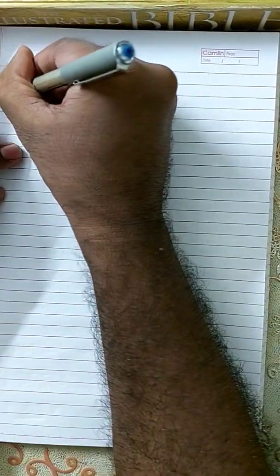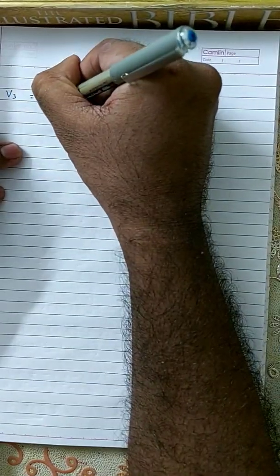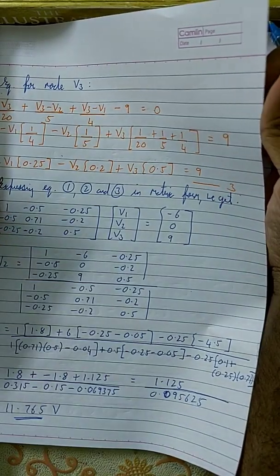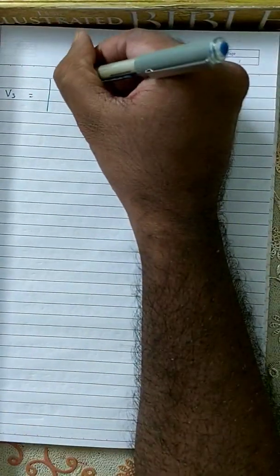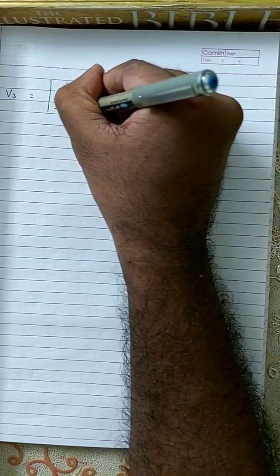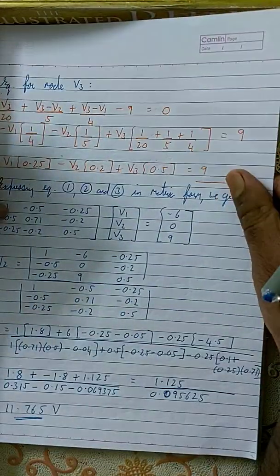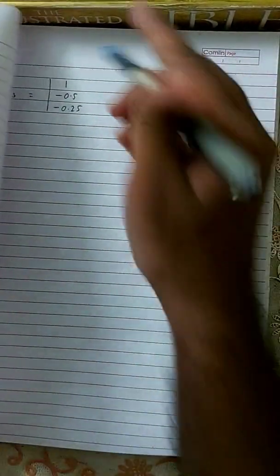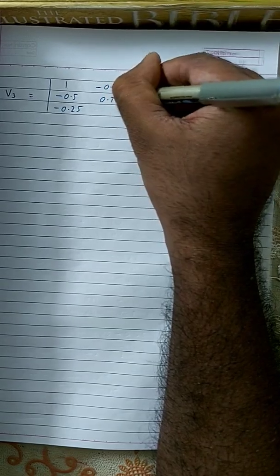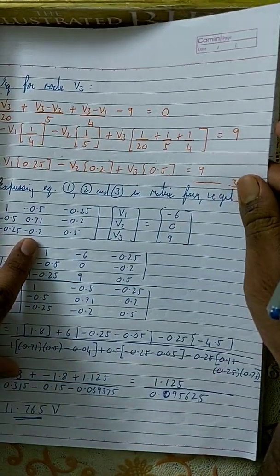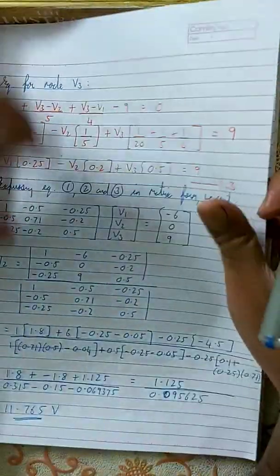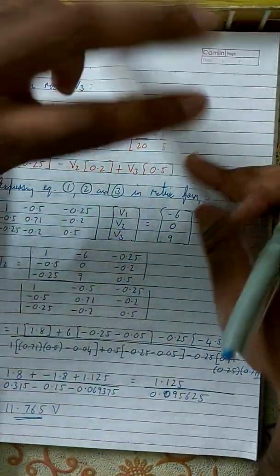In V3, the last column will be different, the remaining are the same, right? It means it is 1 minus 0.5 minus 0.25. The second column also will be the same, minus 0.5, 0.71, and the other term will be minus 0.2. And the third column will be this one, minus 609.